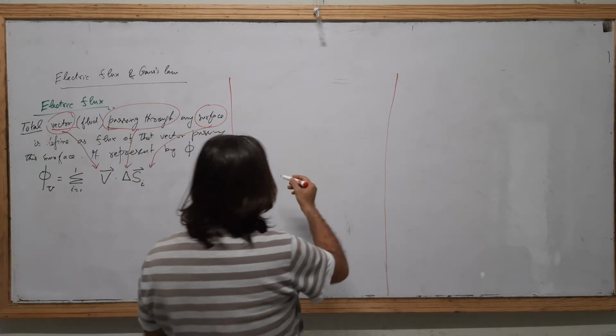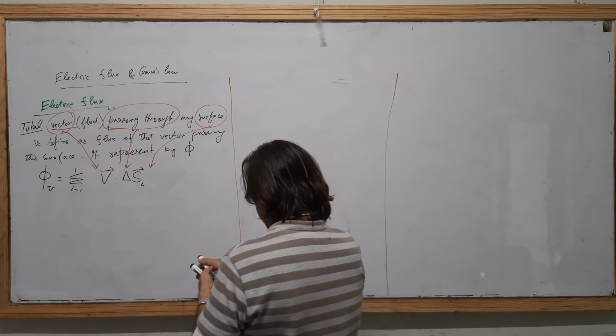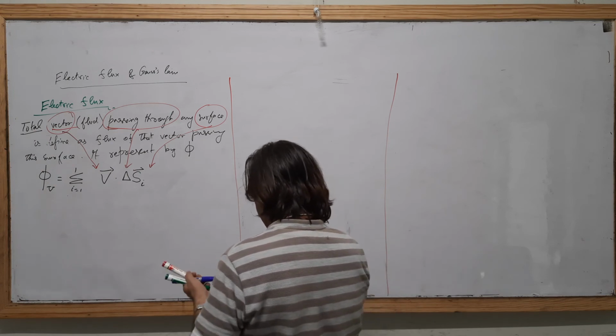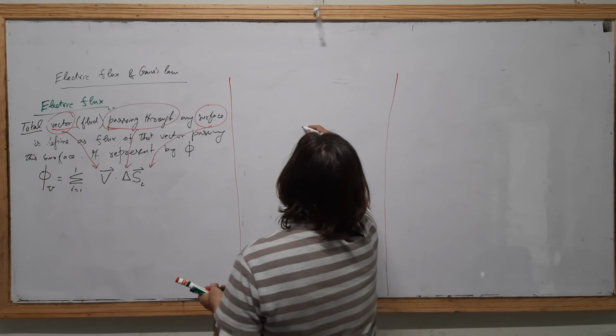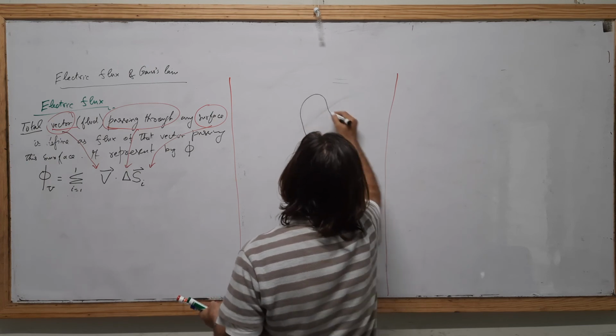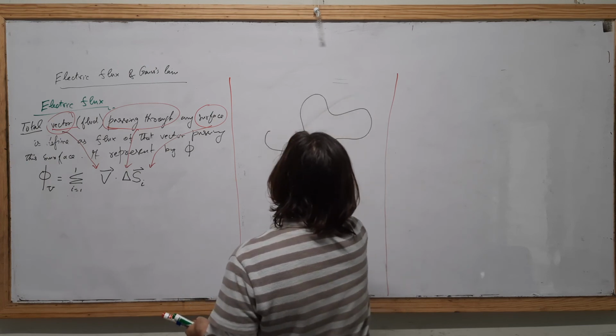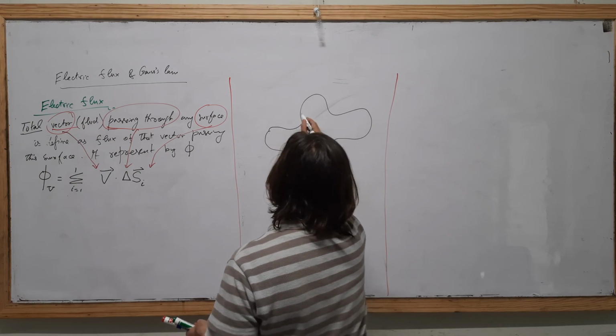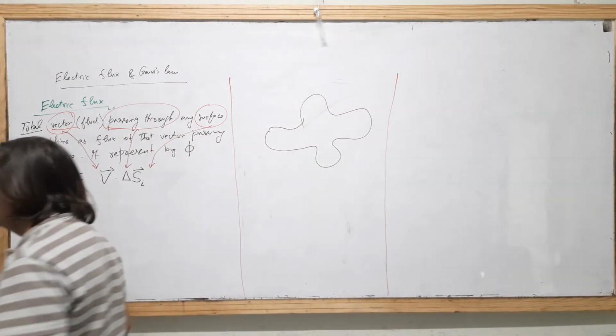Because if you have an irregular shape of surface, any shape of the surface, so this is the surface, an irregular shape of the surface.